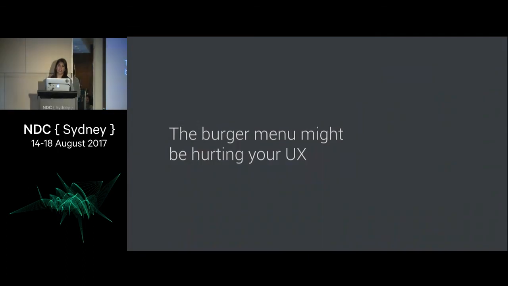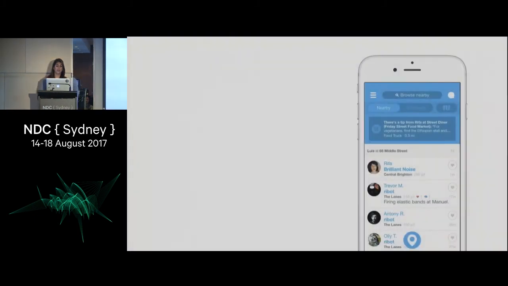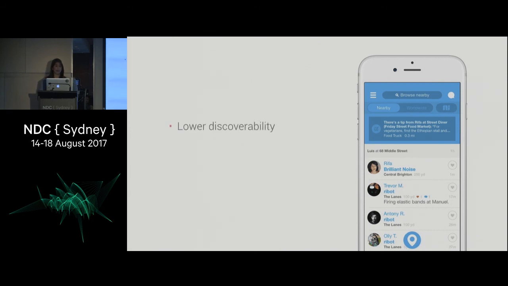Now, since we're talking about engagement and interaction, it's worth noting that the burger menu that you might be using might be hurting your user experience. Let's see why. Even though the burger menu looks cleaner because it hides away some things, it's kind of out of sight because the user has to have an extra click. He has to click first, so it has a lower discoverability.